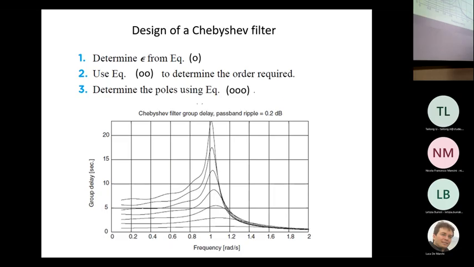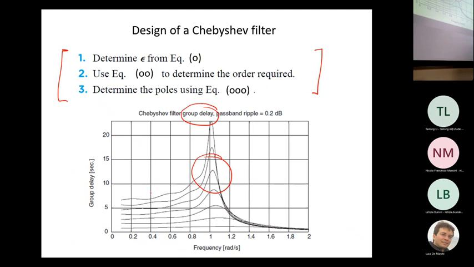Again, this is a sort of recap of the design procedure. And what is shown in this picture is the fact that the group delay induced by the Chebyshev filter is even larger with respect to the Butterworth filter. So the Chebyshev filter tends to generate a distortion in the signals, especially around the cutoff frequency.